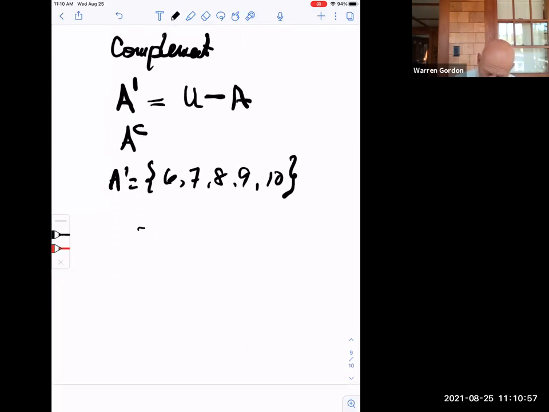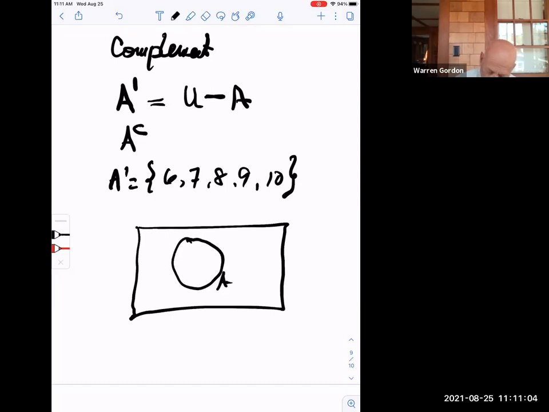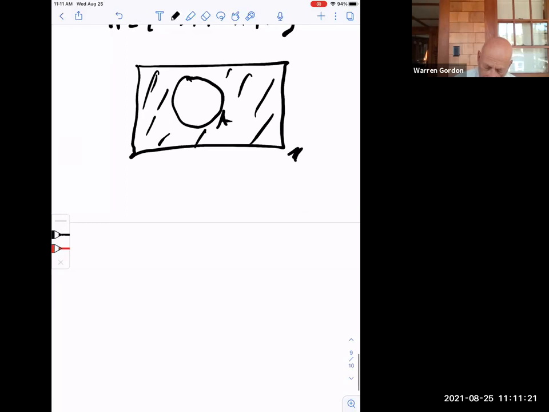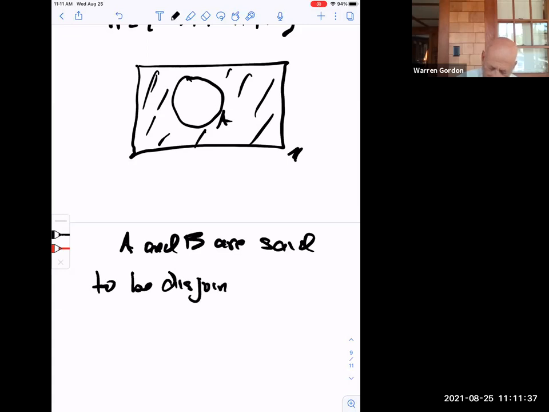And the picture of this, of course, is: if this is A, the complement is everything outside of A. Some words: A and B are said to be disjoint if they have nothing in common, and we can write that as A intersection B equals the empty set.